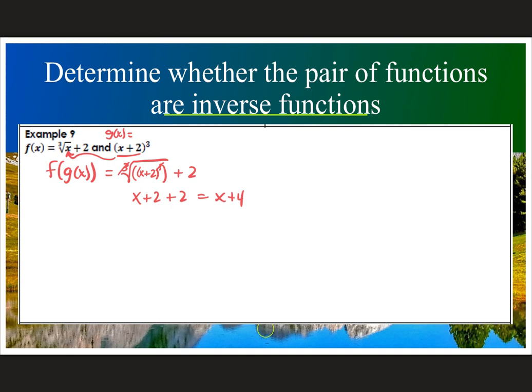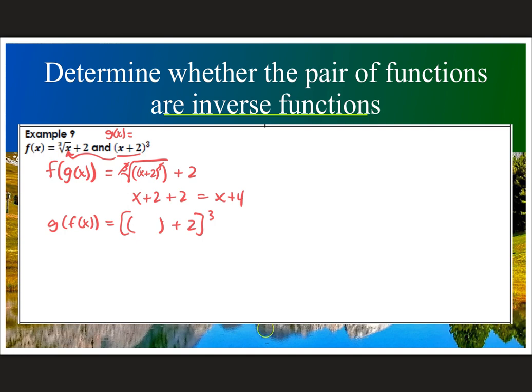Now, if you're not sure on this one, because it's kind of close to being x, you can still do it the other way just to check. So if I do g of f of x, I'm going to take my g function. So I have something plus 2, and then that's all cubed.